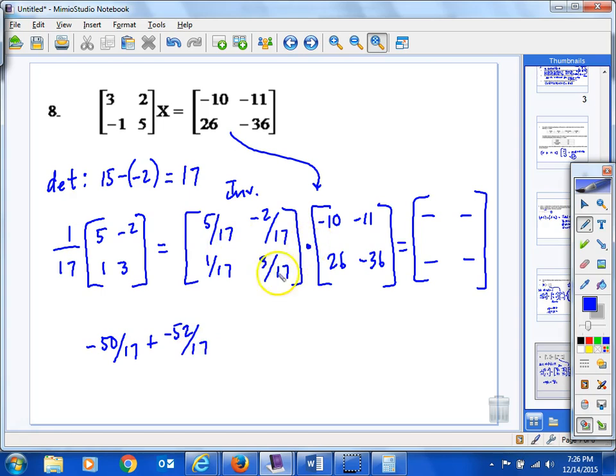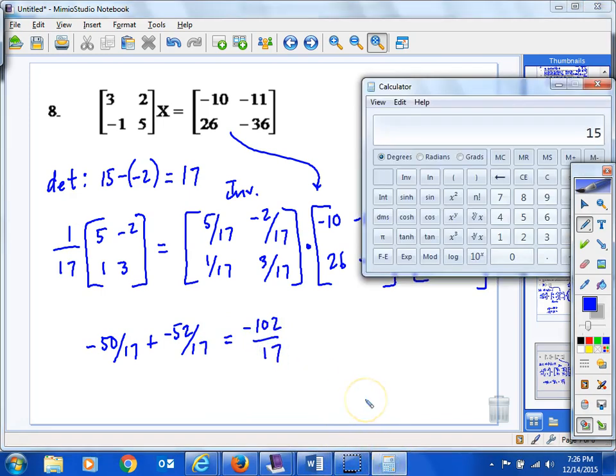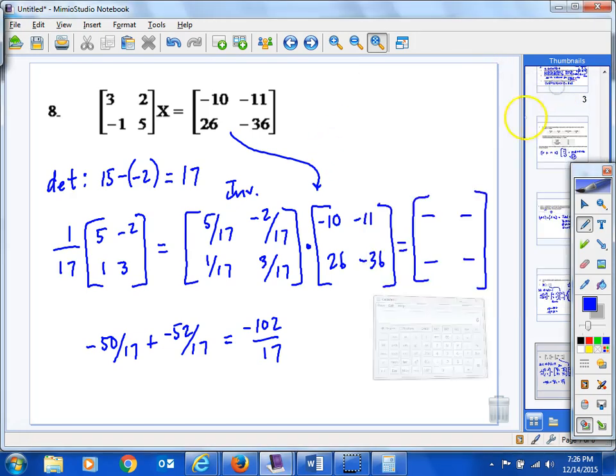All right, so we add those together and we get -102/17, and pretty sure that 17 goes into 102. Yes, so that should be -6.